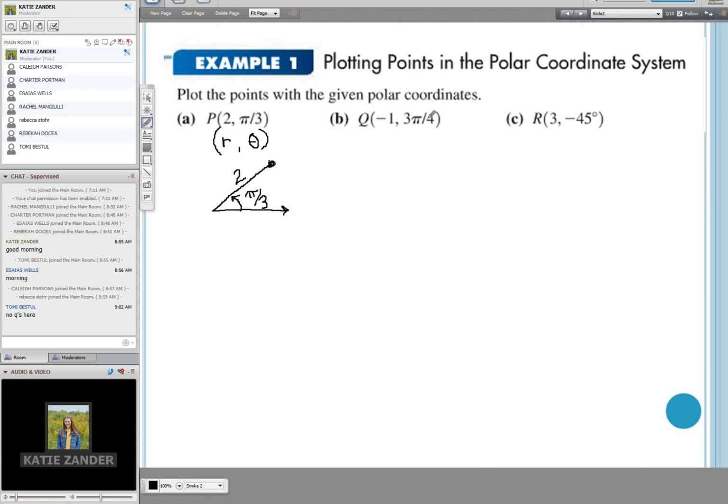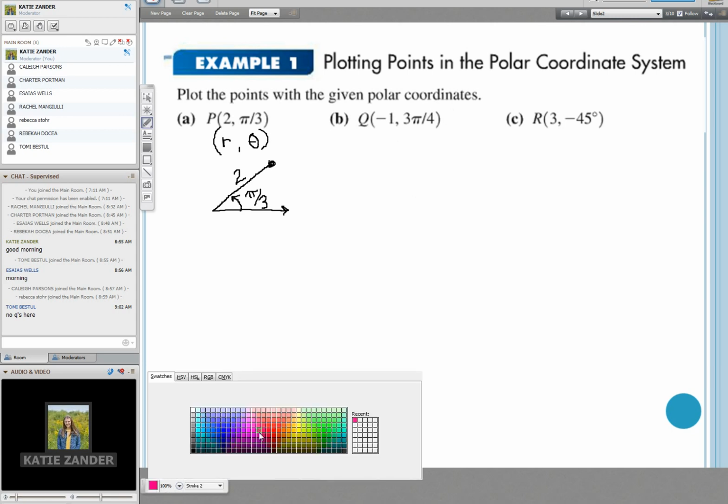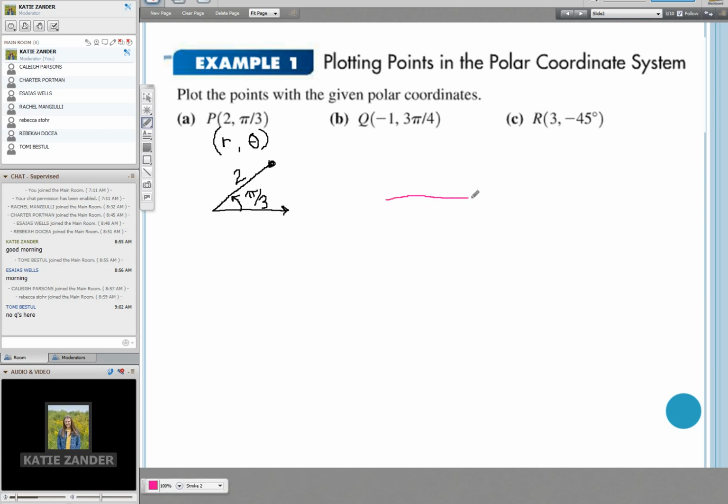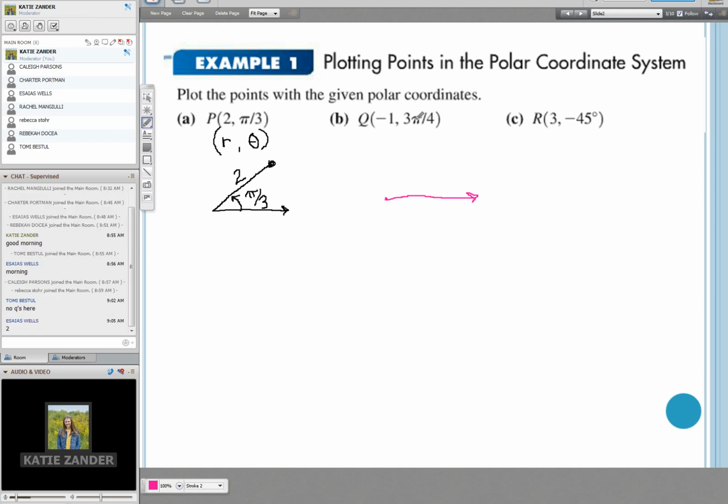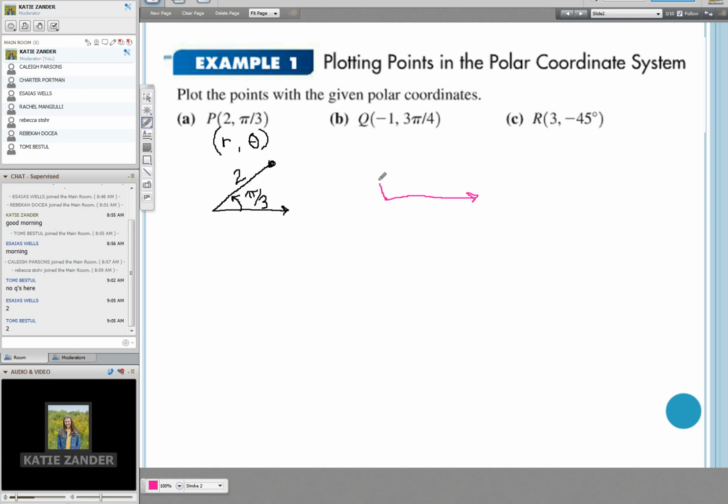Now the second one, and let's see, -1, 3 pi over 4. So I'm going to have that starting vector again, right? I think of that as your x-axis, so to speak, starting at the origin right here. 3 pi over 4. If we were to find 3 pi over 4, which quadrant does that fall in on our unit circle? 1, 2, 3, or 4? 2. It's somewhere in quadrant 2, so somewhere like out here, a little past 90 degrees, right? So we know that the direction in here is going to be 3 pi over 4.